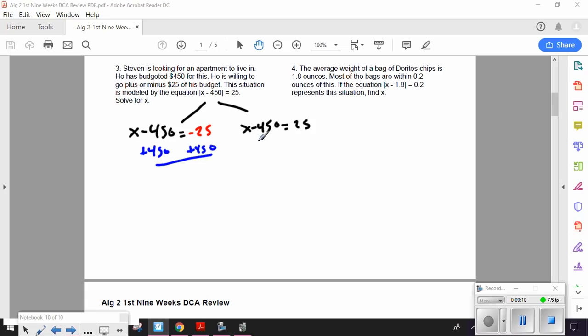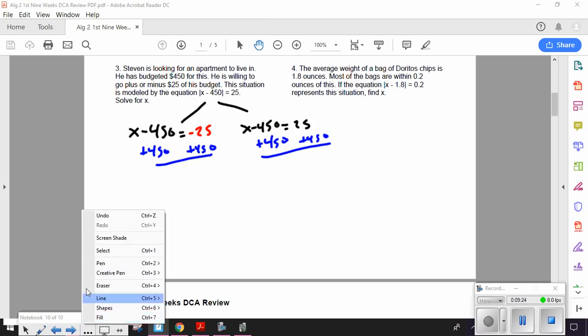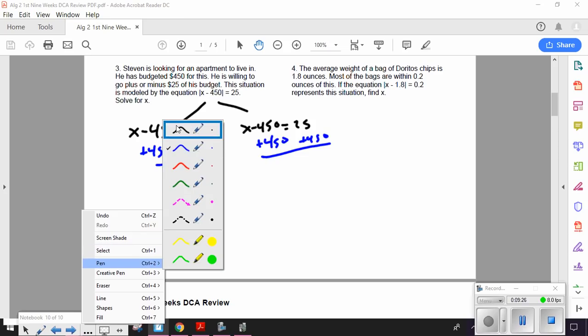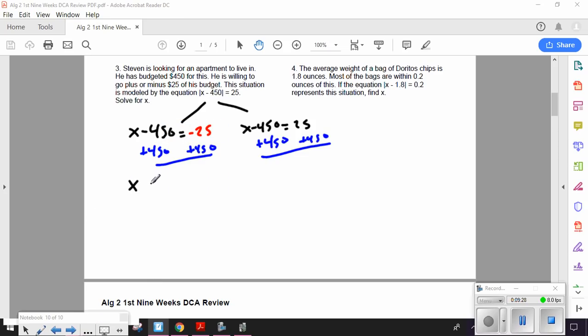I would actually do it on the other one as well, so let's do it at the same time. So the first solution I would receive is x equals 425. And the second solution I would get is x equals 475. And again, check your solutions.